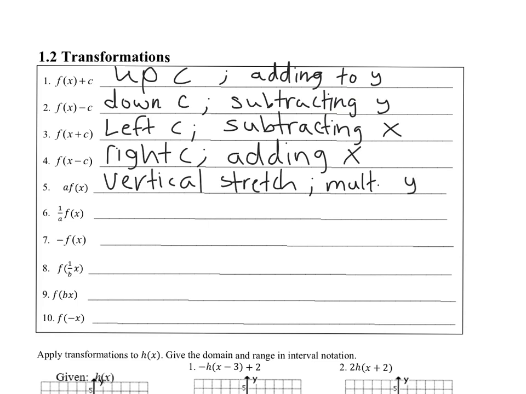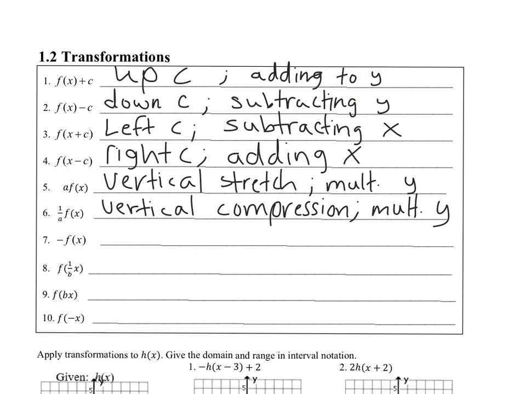The next one, the 1 over a, is a vertical compression, and once again we're going to be multiplying the y. These transformations, as I'm going through them, will make more sense as we do some examples, but for now, let's get all of our ideas down. So that's what we're doing right now.